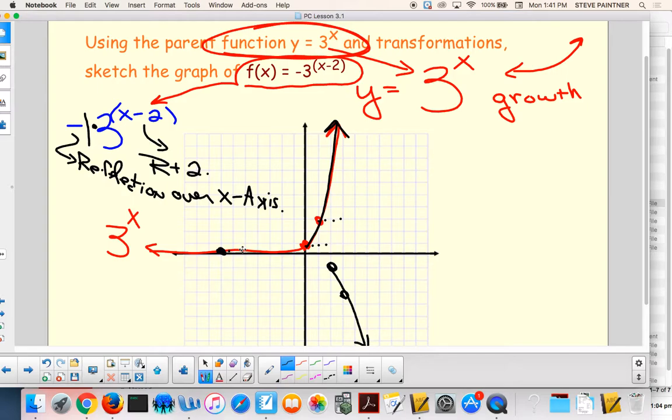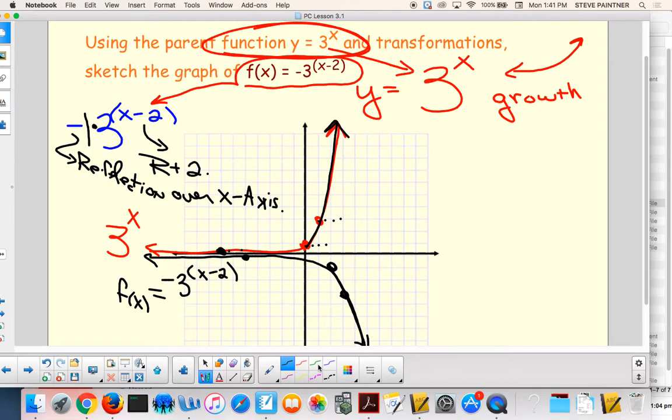It's barely below. So you kind of know it goes like this, and then it shoots this way. So there is negative 3 to the x minus 2. Good? Just do what you did in chapter 1. It's the same thing.